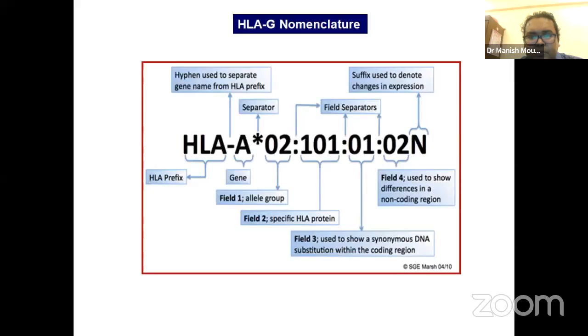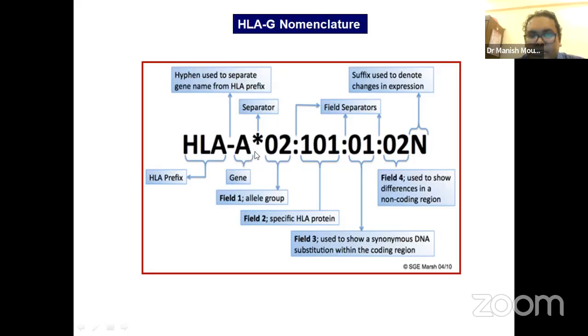So on the basis of basic genetic knowledge, the nomenclature has been decided, and the nomenclature comes in this way for an HLA locus. Suppose we have the HLA-A locus, representing the gene; loci or locus, both terms can be used.